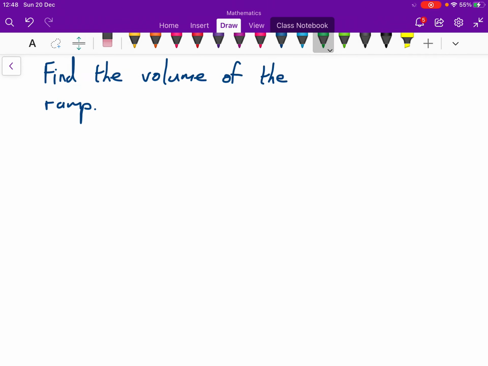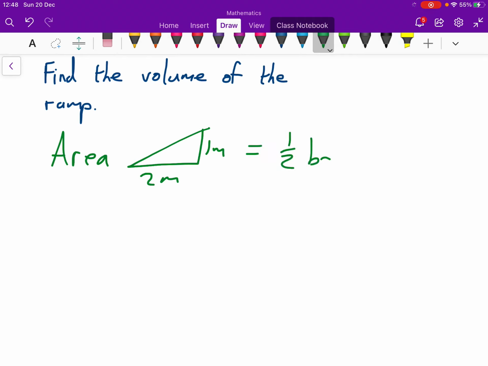Okay, so our area of our triangle, it's a 1 meter triangle by 2 meters. Well, probably the easiest way to get the area of a triangle is to get the area of a rectangle and then divide by 2, or you can use a formula. The formula is half base by perpendicular height. That's the same thing.